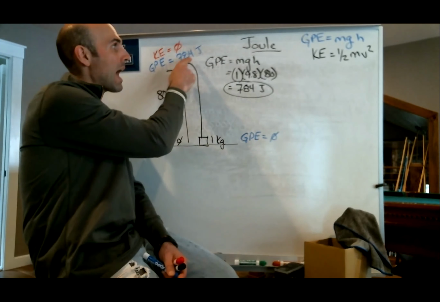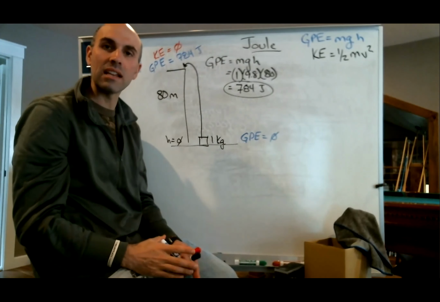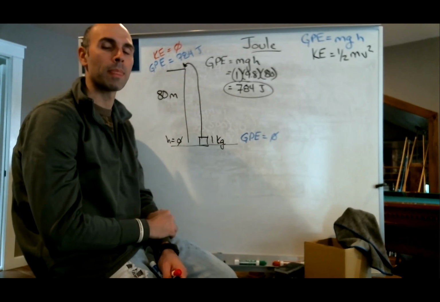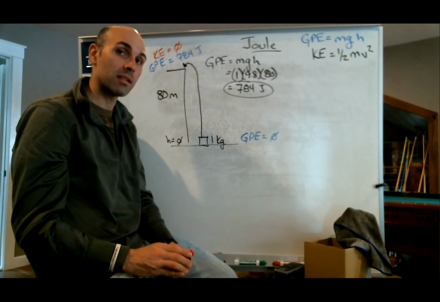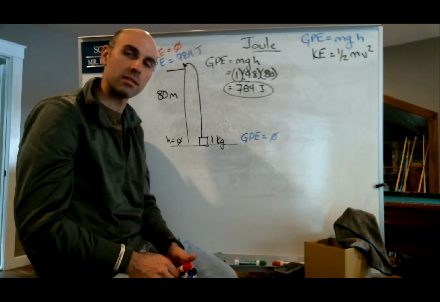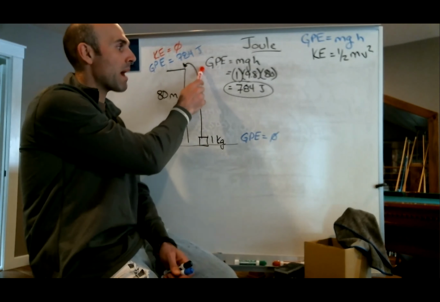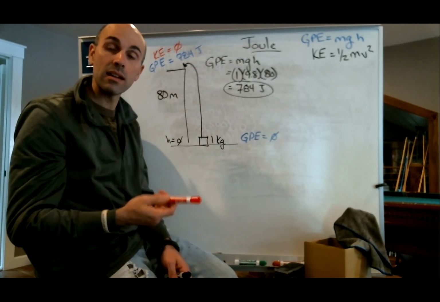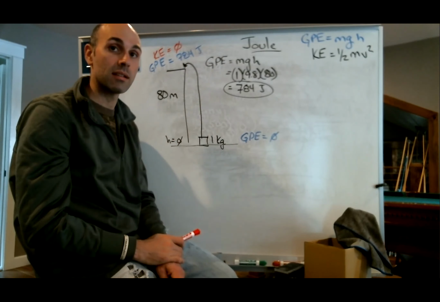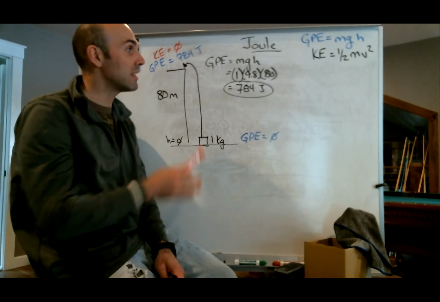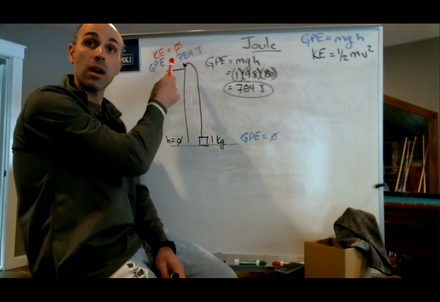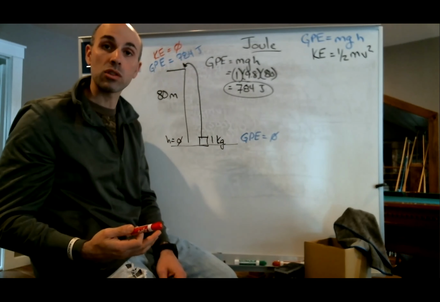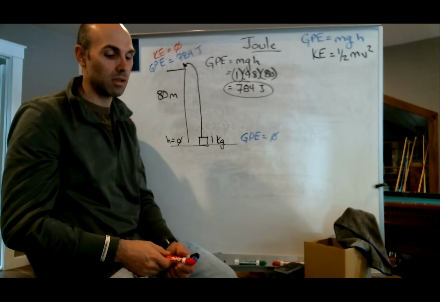So what happened to our 784 joules? They were all GPE up there, but now you're telling me GPE at the bottom is 0. What happened to them? Think about this. Conversion of energy. As this box fell, it's losing height. As it loses height, it picks up velocity. And in doing so, the energy is converted from GPE, or gravitational potential energy, to kinetic energy.